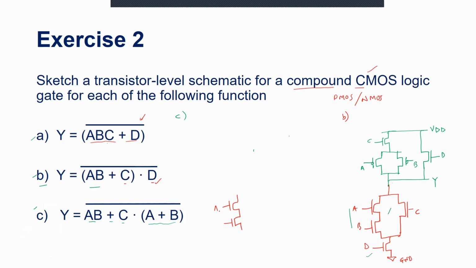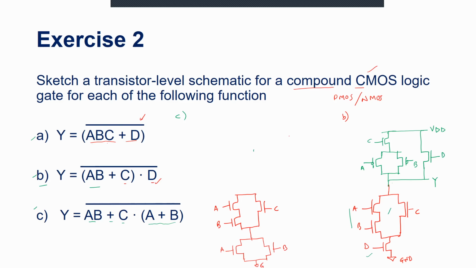So A and B are in series, and there is an ORing of it with the input C. Once that is done, I see A or B comes in series with this. So I have two more switches, which are A and B, the same inputs.